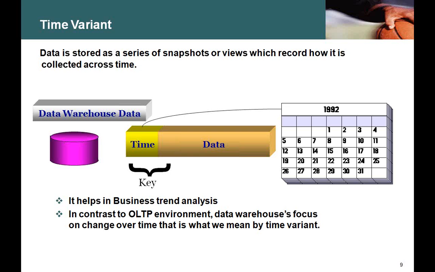On purpose it is allowed in the warehouse. It is required in the warehouse. But in the data warehouse, there cannot be duplication of records, right? Duplication can be avoided.